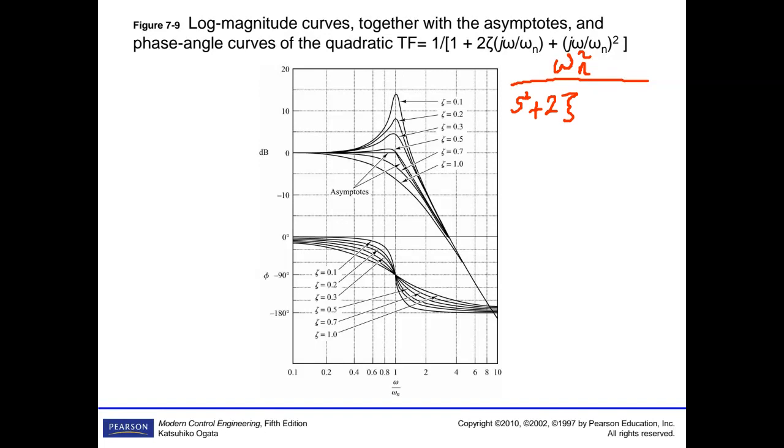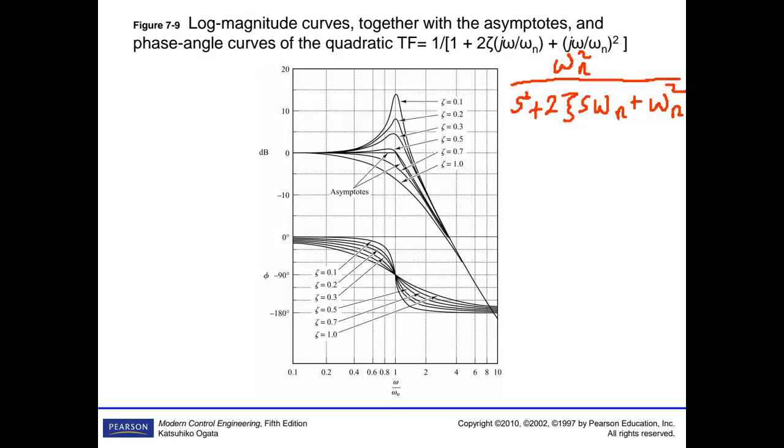So transfer function is equal to, follow my arrow, 1 plus 2 zeta j omega over omega n plus 1 plus j omega over omega n square. So S is equal j omega.